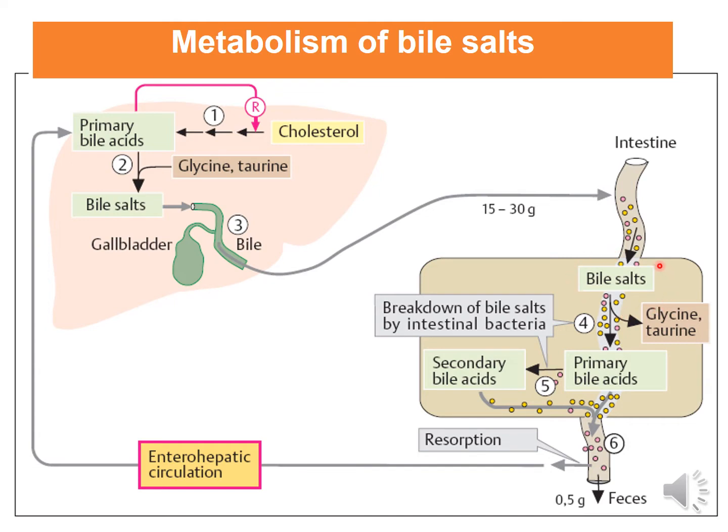The bile salts are broken down by intestinal bacteria, forming primary bile acids again and secondary bile acids. They will be reabsorbed from the intestine into the blood, and by enterohepatic circulation go back to the liver and are used again to form bile.